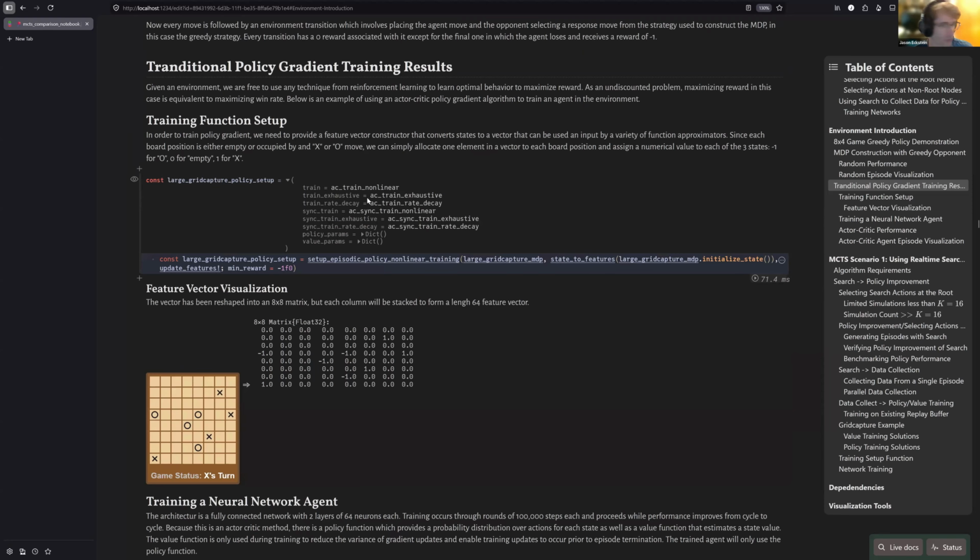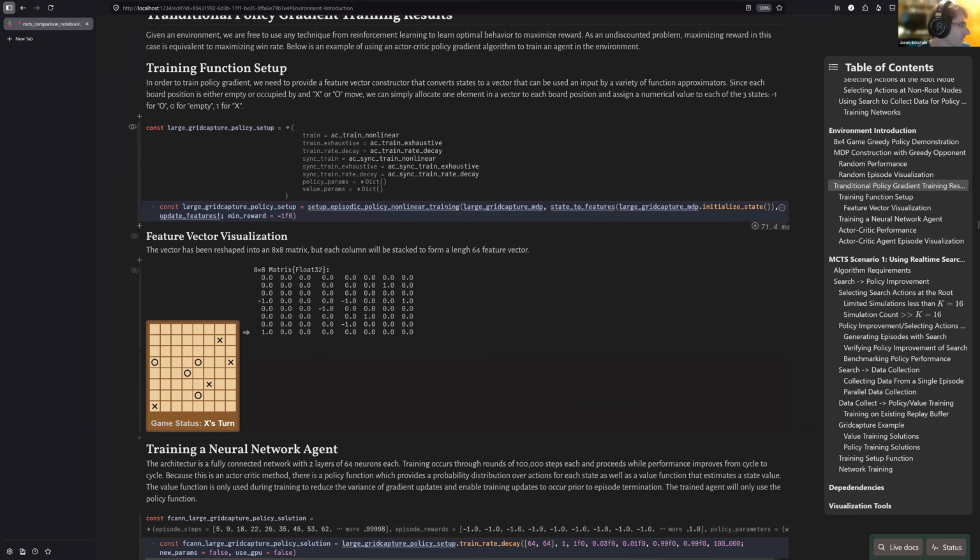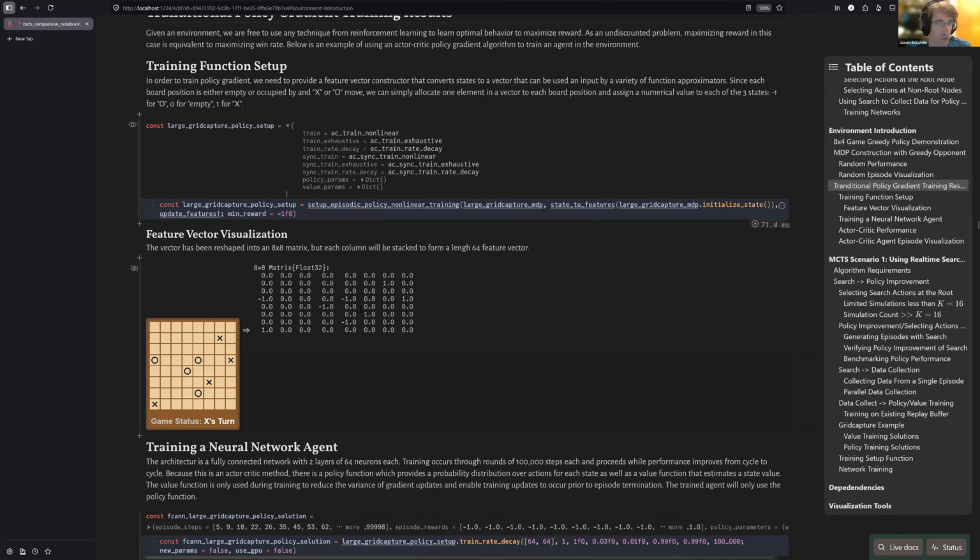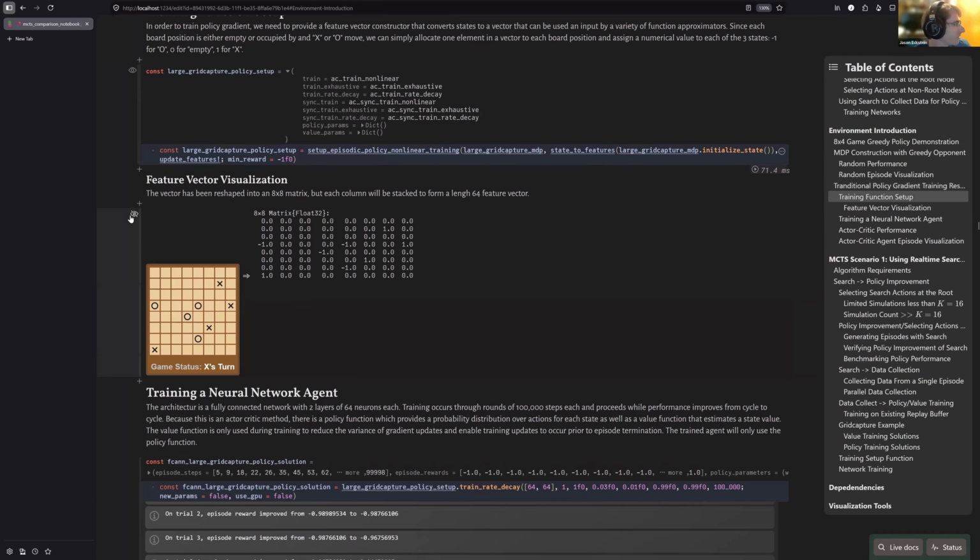Also, in order to use one of these methods, and to use any AlphaZero style method, we need to create a feature vector that our function approximation is going to use. So here, the feature vector construction is really easy. Here's an example of what it looks like. I'm forming it into an 8x8 matrix here, but really the vector is all these columns of the matrix stacked together to be a length 64 vector.